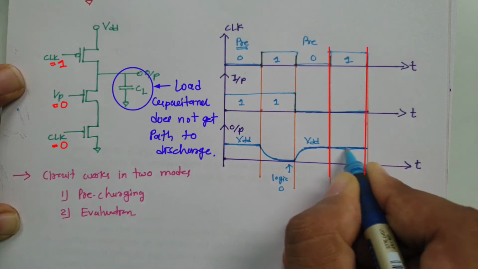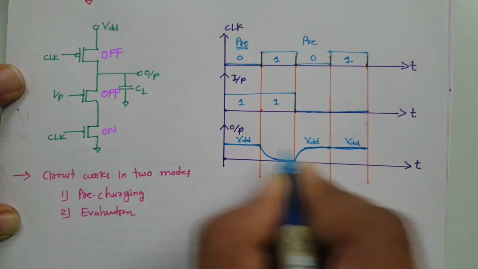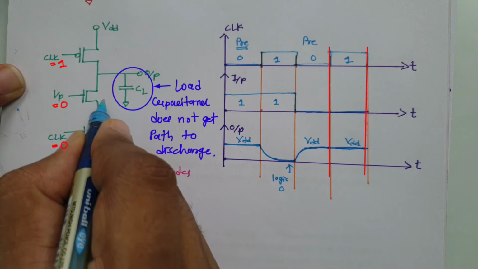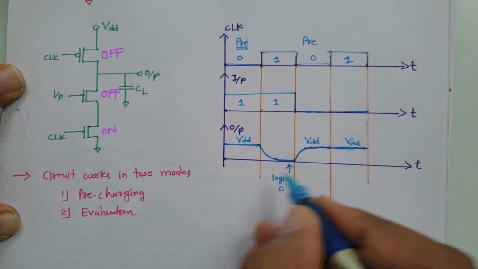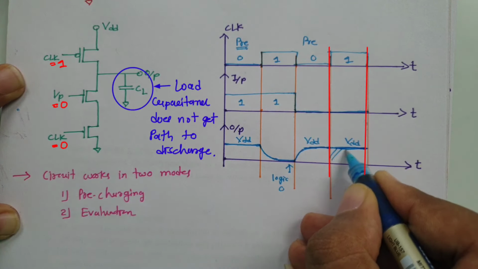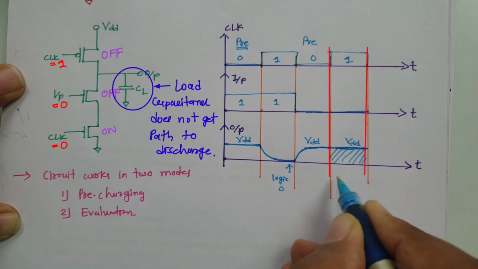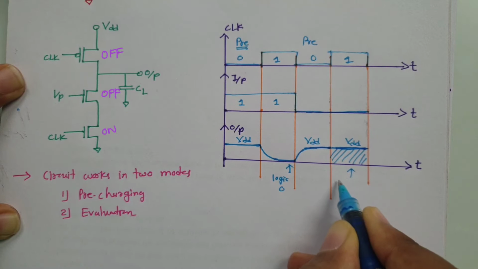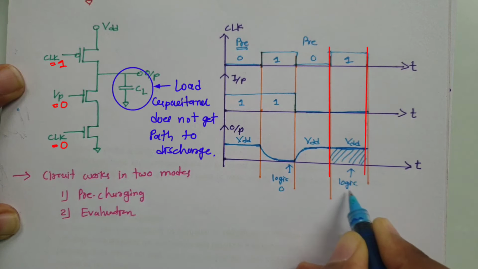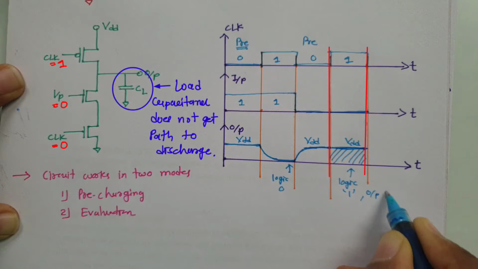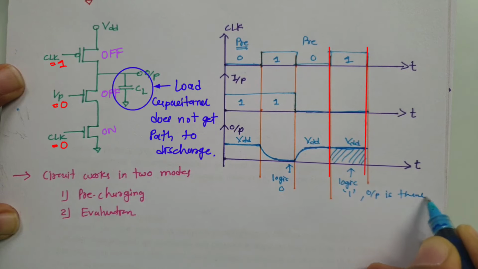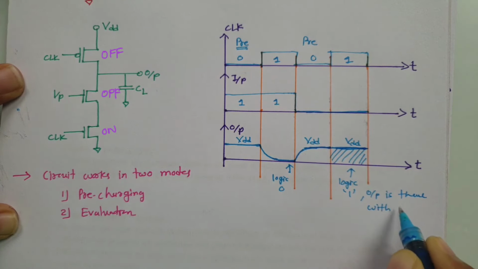But if you observe our output, there is an open circuit at the input side over here, so it will stay in high impedance mode. So here you will have output logic 1, but that output logic 1 is along with high impedance mode. So the output is in high impedance.